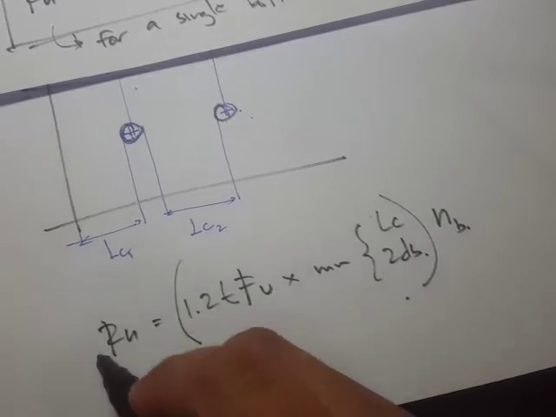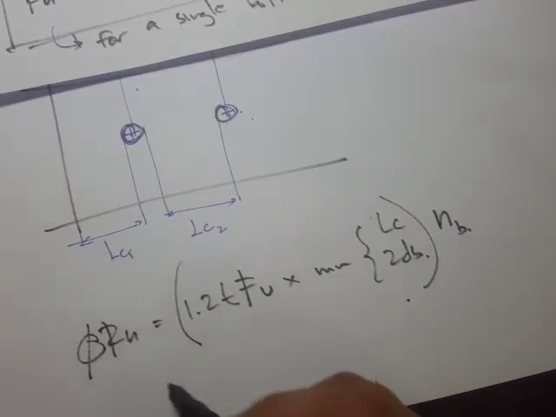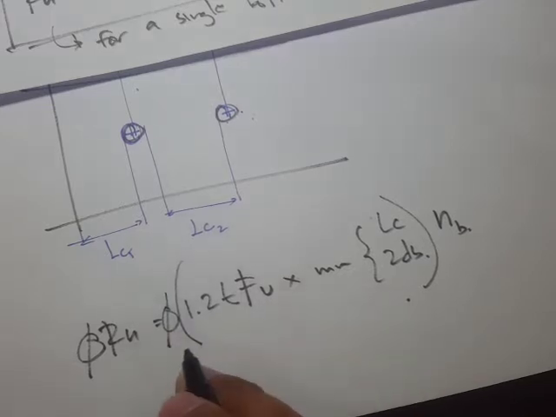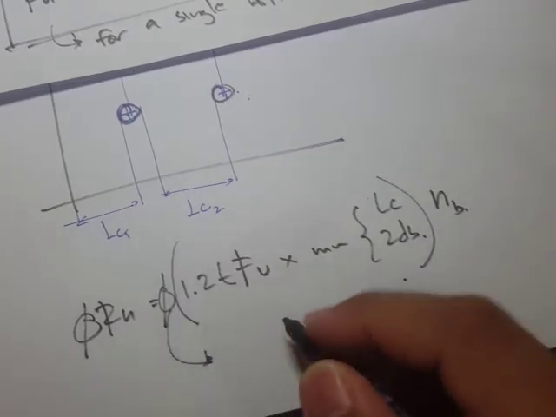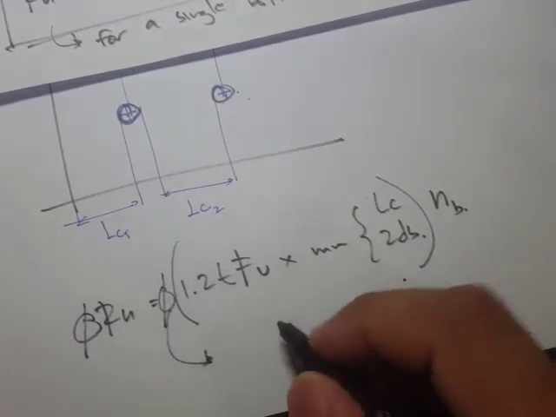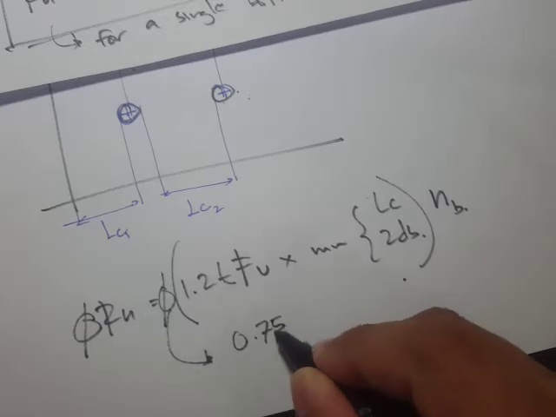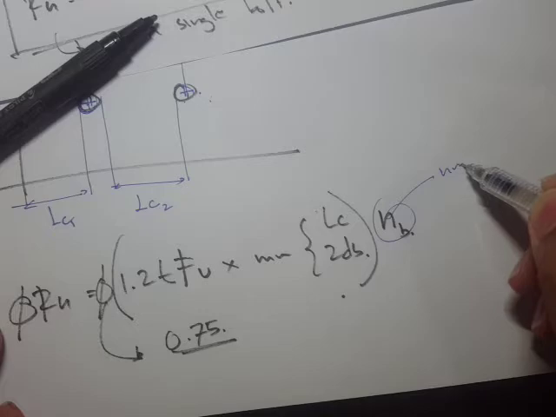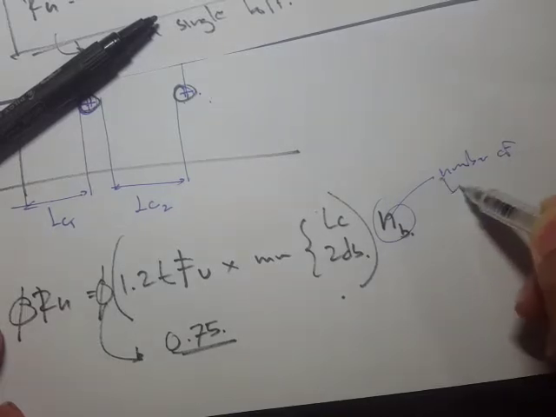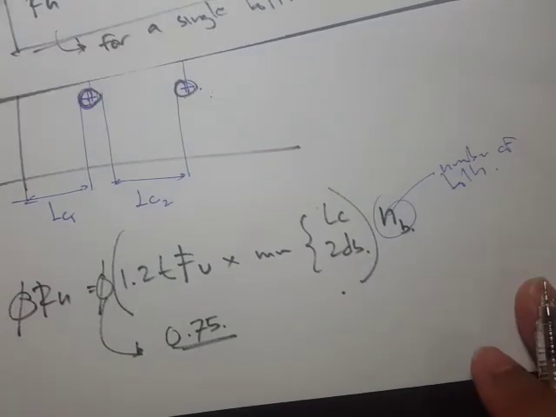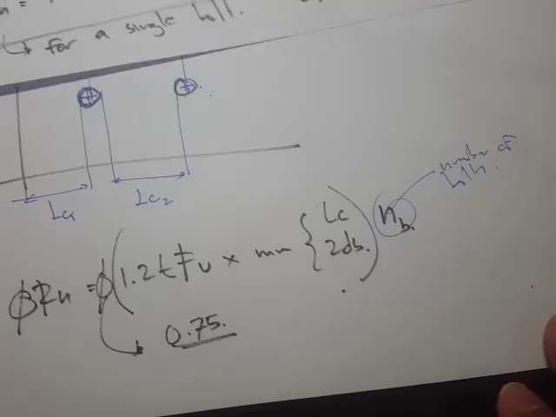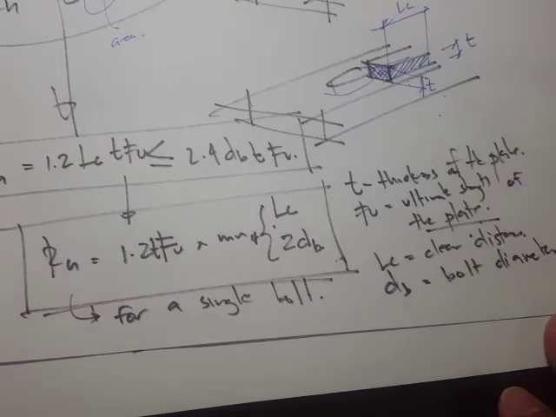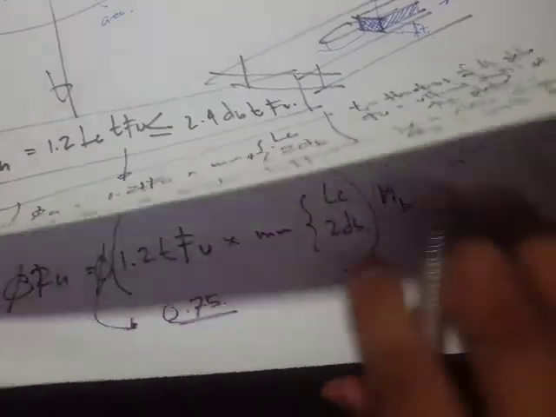And now to take the factored resistance, we'll multiply a reduction factor, and this reduction factor is taken as 0.75. So this is the number of bolts. That's the bearing capacity of the plate. Now let's move on to the shear capacity.